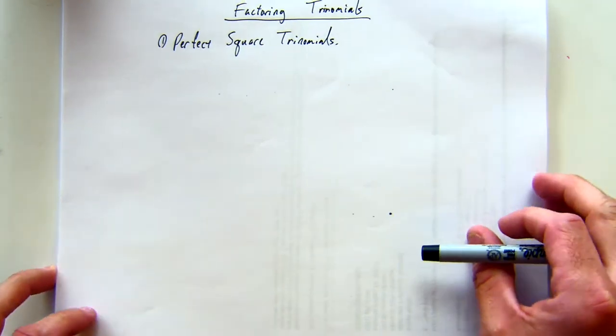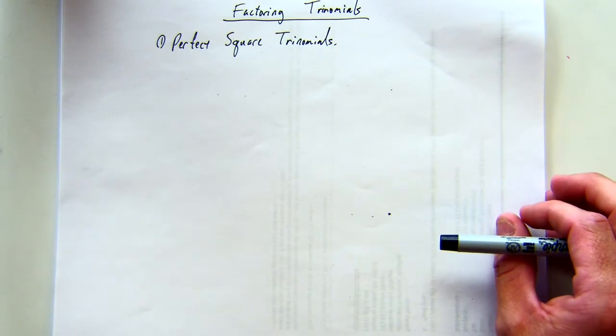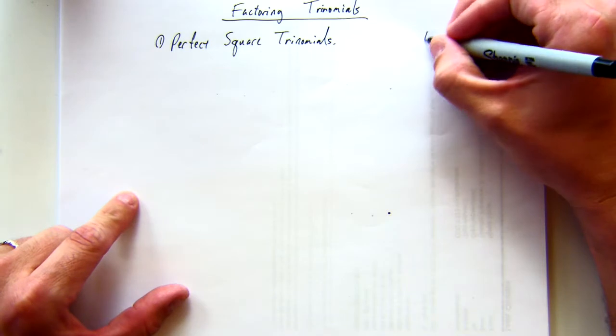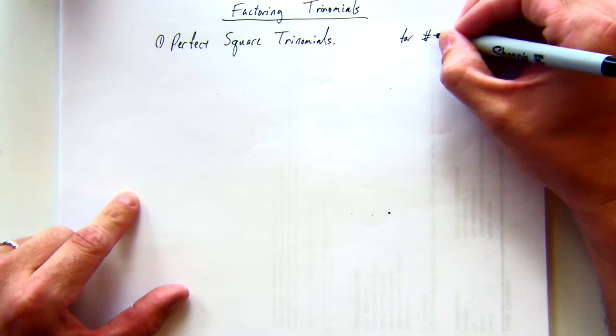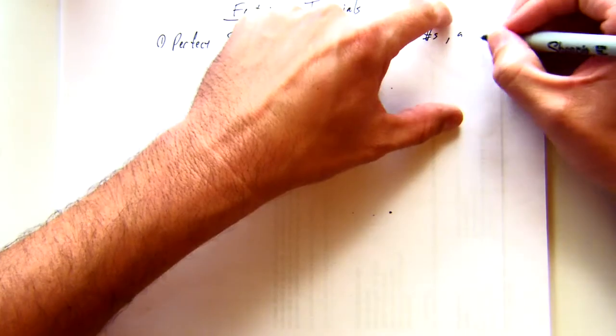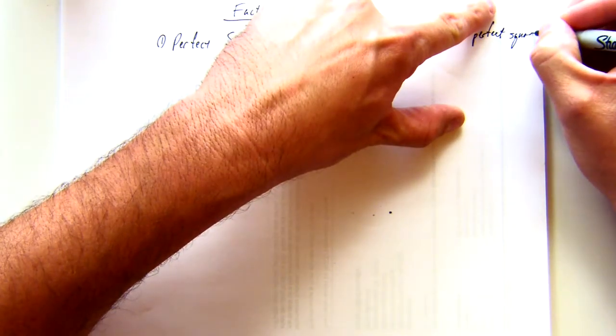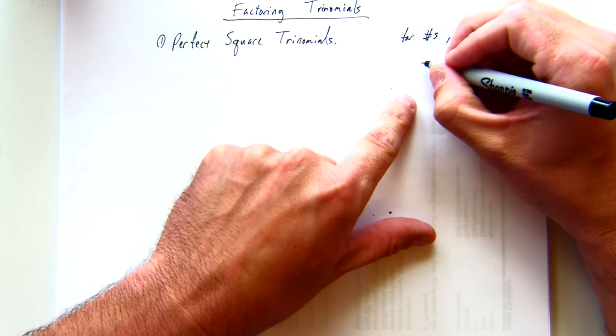Let's just think, what is a perfect square number? Give me an example of a perfect square number. 2 to the power of 2, which is 4. So just for numbers, a perfect square is something like this.